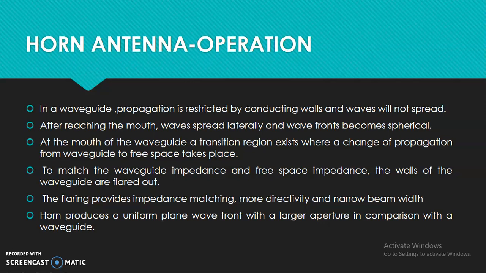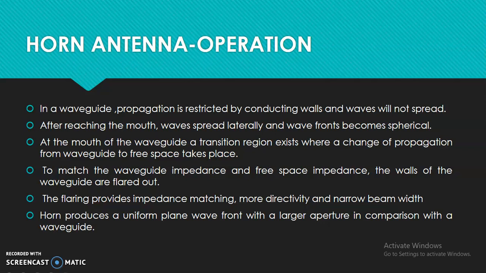At the mouth of the waveguide, a transition region exists where a change of propagation from the waveguide to free space takes place. To match the waveguide impedance and free space impedance, the walls of the waveguide are flared out.